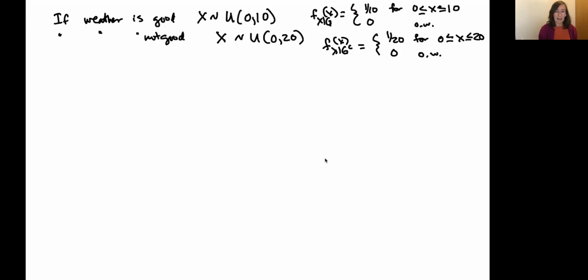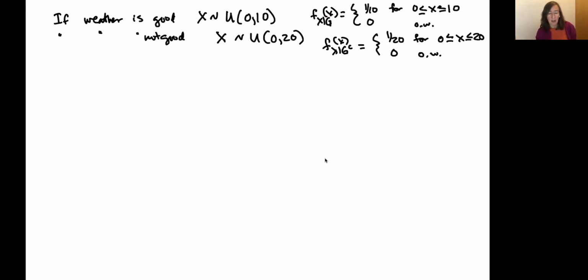All those things apply, and we'll see that the law of total probability works as well. Before we get to that though, let me make one observation. If the question was, if the weather's good, what's the expected amount of time I need to wait for the bus?